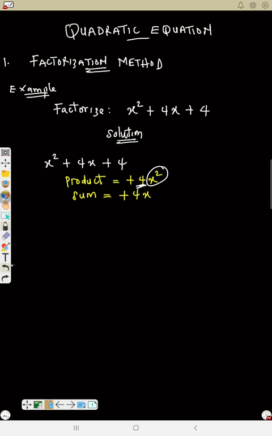Now to find the numbers, you can use LCM to know all the numbers. That is the LCM of 4. You have 2, 2 in 4, 2. Again 2, 2 in 2, 1. Like that.